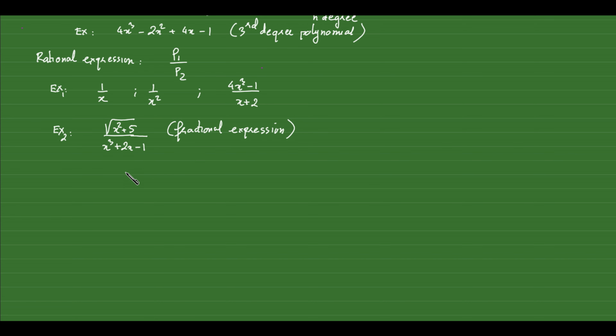Now let me give you another example, and you tell me whether this one is a rational expression or not. What if I have 4x to the third minus 2x squared plus 5 over 2. Is it a rational expression? You think so? On the top we have a third degree polynomial.